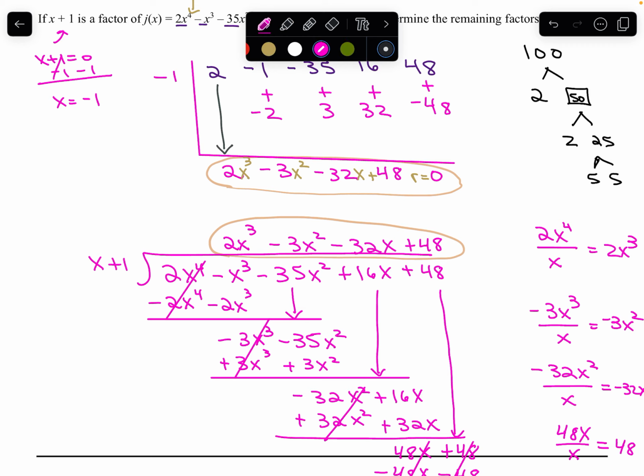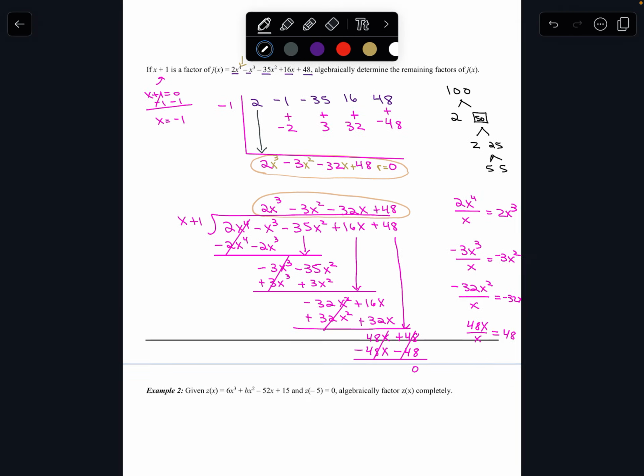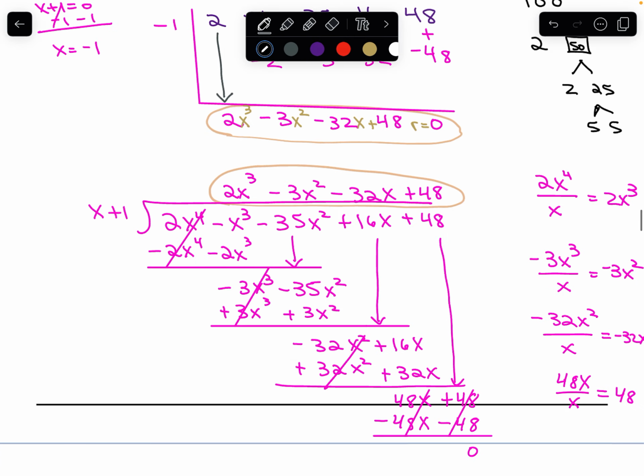So I'm just going to write that out to start. I'm running out of space. It's writing too big on my iPad. So let's see if I can squeeze it in here. So we have x plus 1 is a factor, and this 2x to the third minus 3x squared minus 32x plus 48 is a factor.